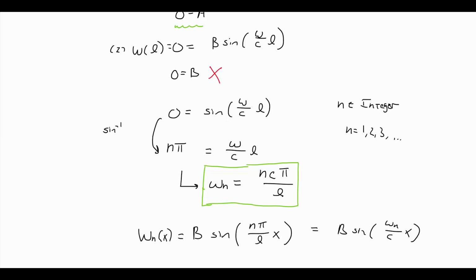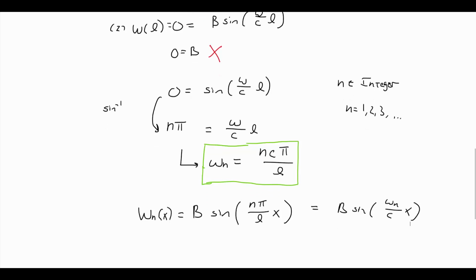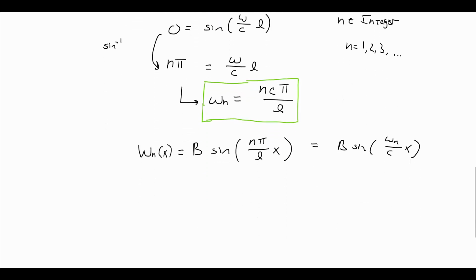Now, for the moment I have that b there, I'm actually going to get rid of it in a second because that amplitude is not going to matter, because we can go back now to our general solution for little w. And remember, that was this summation from n equals 1 to infinity of our w sub n, which for the moment I'm going to write out this way so we can see where that b goes and why we can ignore it.